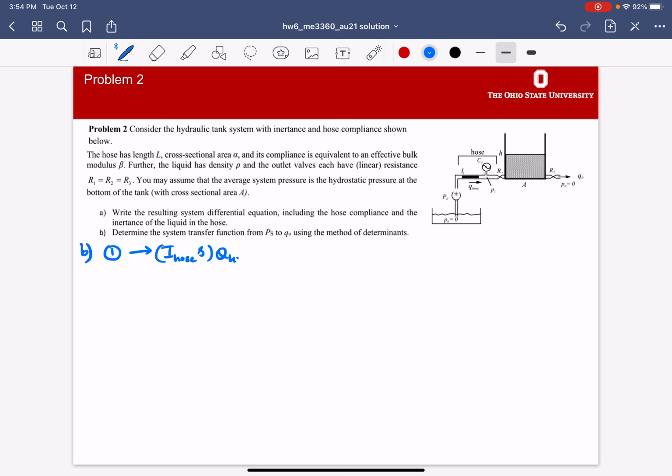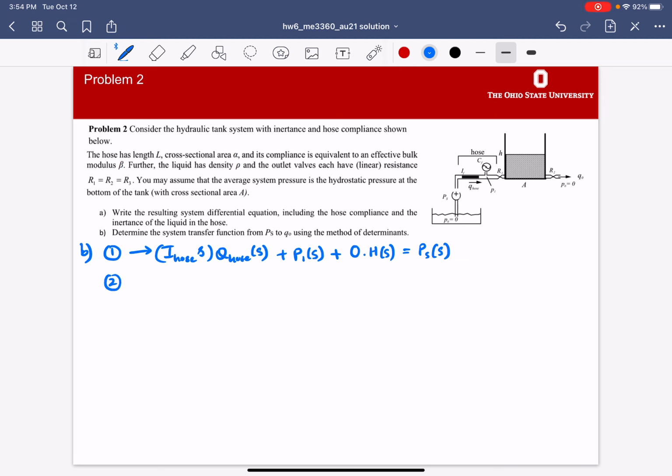So Q hose, right, plus P1 S plus 0 times HS, which is equal to PS.